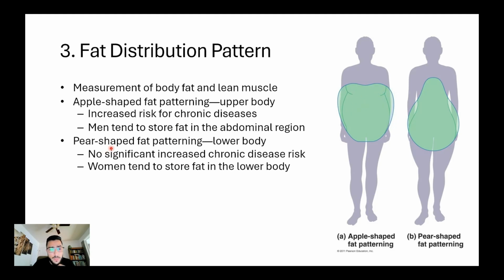Women tend to have a pear-shaped fat pattern, and this is usually fat increasing in the hips, and it has a lower risk for chronic disease because there are no important organs in this region.